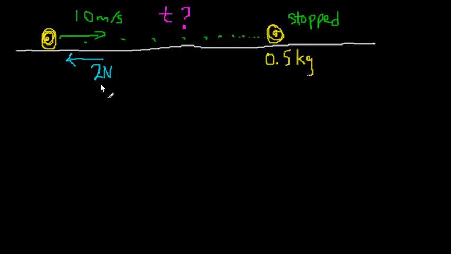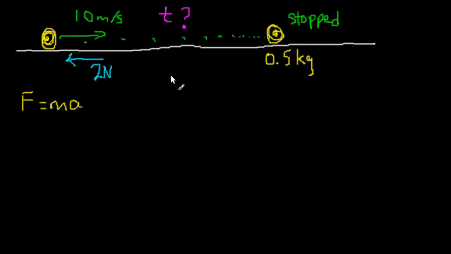So first of all, notice that the force is in the opposite direction to the velocity. I mean, it's friction, right? So of course it's in the opposite direction. And because the force is in the opposite direction to the velocity, the ball would slow down. Now remember from our equation F equals ma, we know that acceleration is always in the same direction as the force.